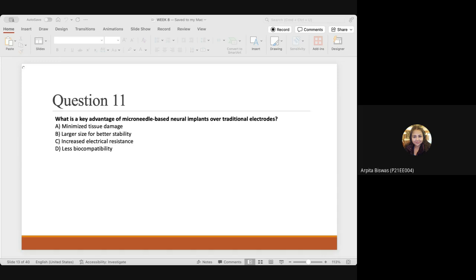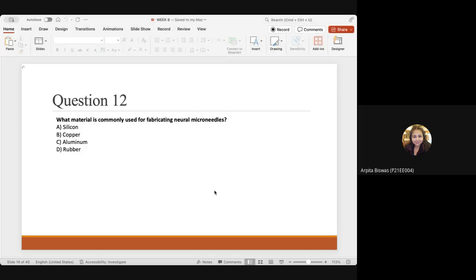Next, question number 12: what material is commonly used for fabricating neural microneedles? First option is silicon, then copper, then aluminum, or rubber.